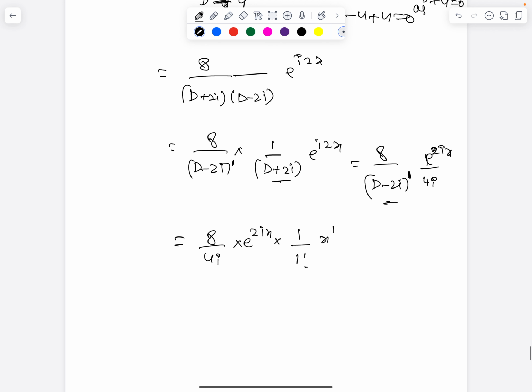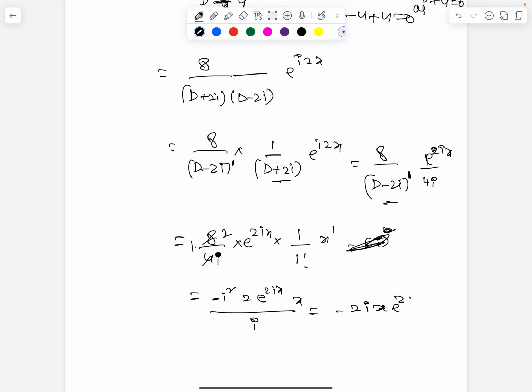So if you try to simplify, this is 2 times, there is an i here. Minus i whole square is minus 1, sorry, so plus 1, I can write it as minus i square, and 2 e power 2ix into x divided by i. Now I can simplify that as minus 2ix into e power 2ix.